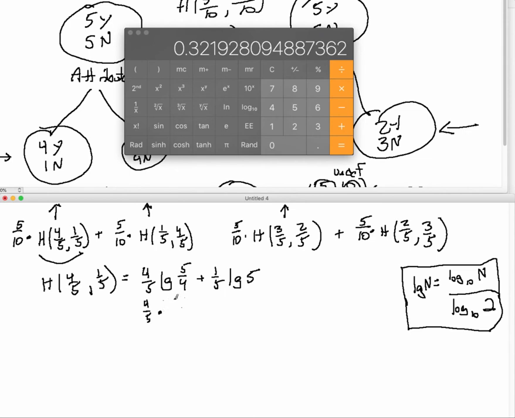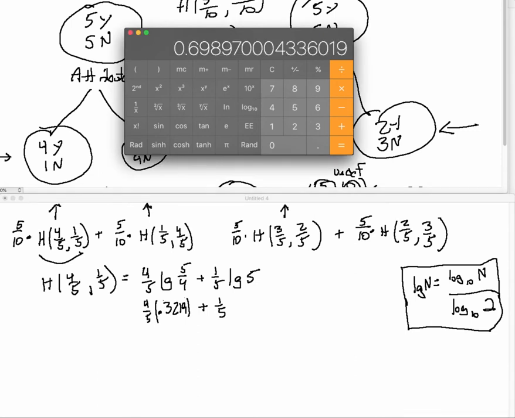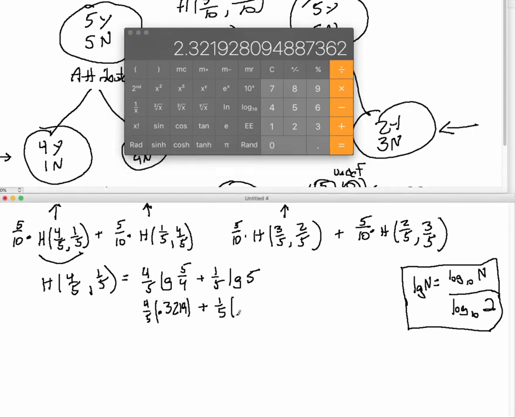So this is 4/5 times 0.3219 plus 1/5 of, and I'm going to go 5, log base that, divide it by memory recall, and that's equal to 5 times 2.321.